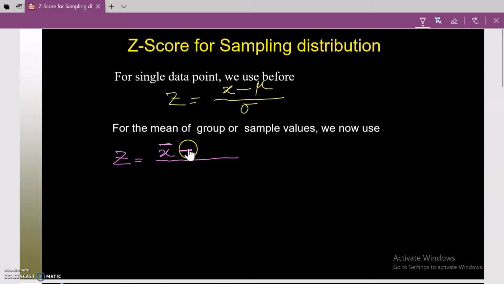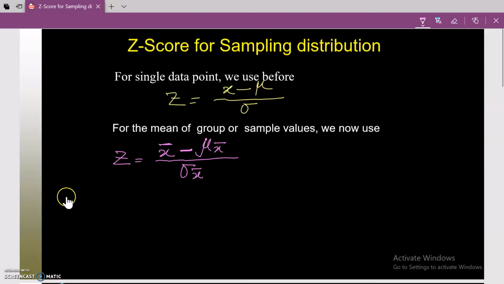And then we subtract the mean of the sample mean, that is mu of x bar, and then we divide by the standard deviation of the sample mean. This is also called the standard error, right? This is the formula we use when we have to find the z-score for a sampling distribution.